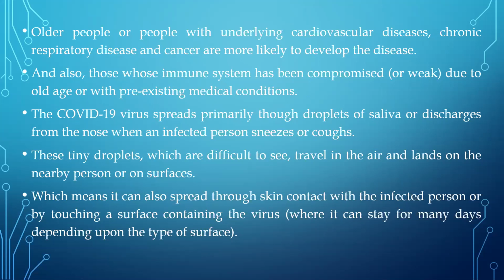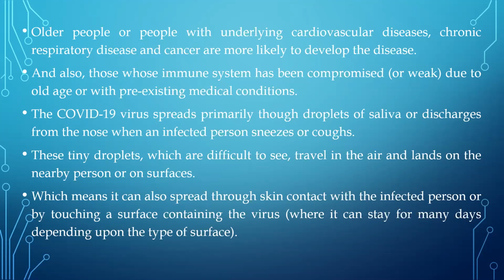Say suppose a person has some sort of pre-existing medical condition, so he's maybe taking medicines, and the immune system has gone weak. Those people are more susceptible to taking the infection. Since the immune system, the defense system of our body, is weak, the virus can easily enter inside the body and start spreading infection.